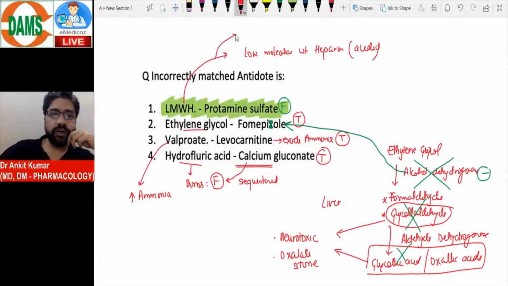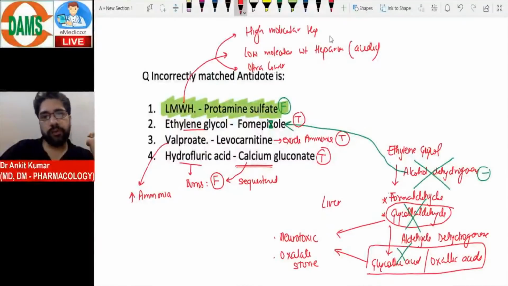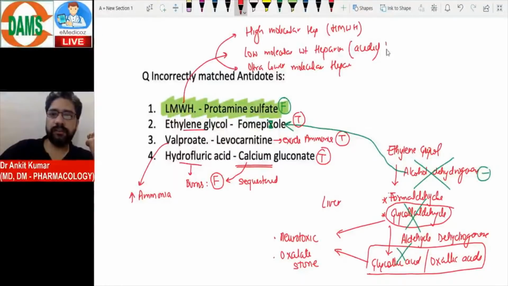But there are two other forms of heparin as well: high molecular weight heparin, and lower than that, ultra low molecular weight heparin. So we can write the short forms: HMWH, high molecular weight heparin, LMWH, low molecular weight heparin, and ULMWH, ultra low molecular weight heparin.